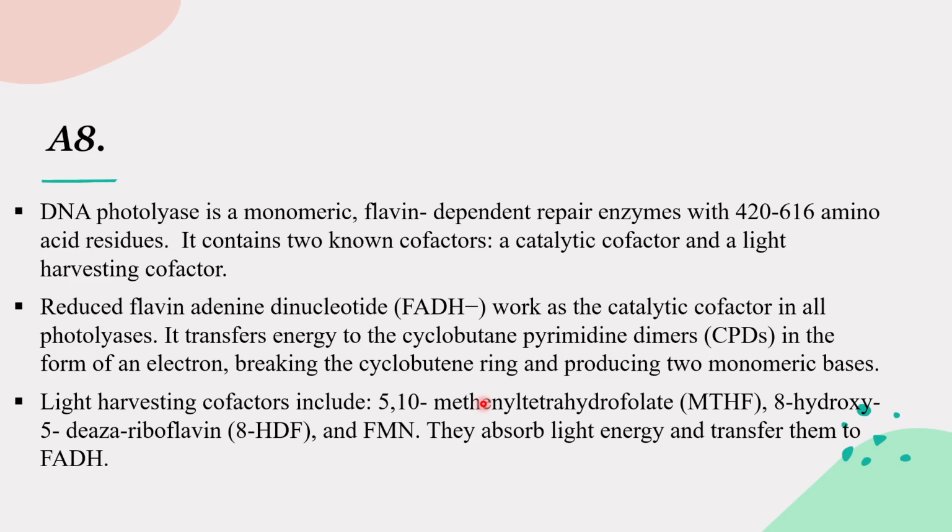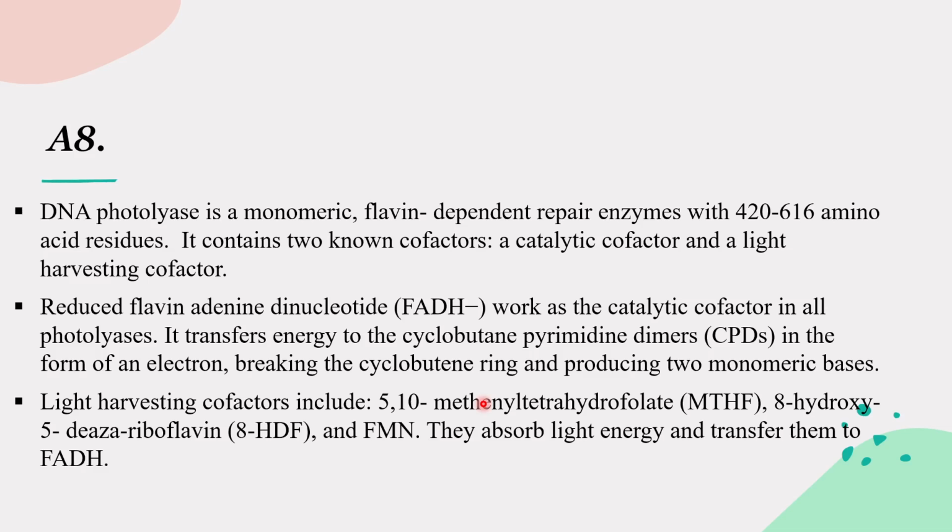It transfers energy to the cyclobutane pyrimidine dimers in the form of an electron, breaking the cyclobutane ring and producing two monomeric bases. So generally, when UV light damages the DNA, dimer formation happens. Dimer means two bases are joined together.